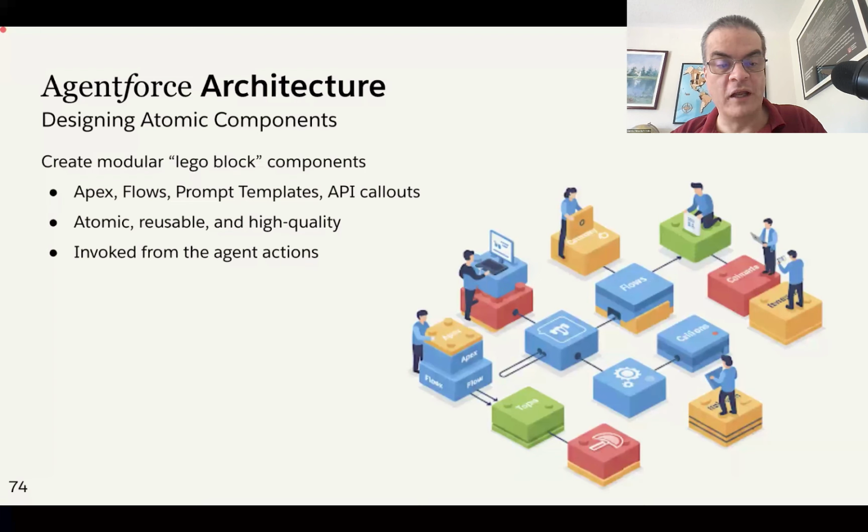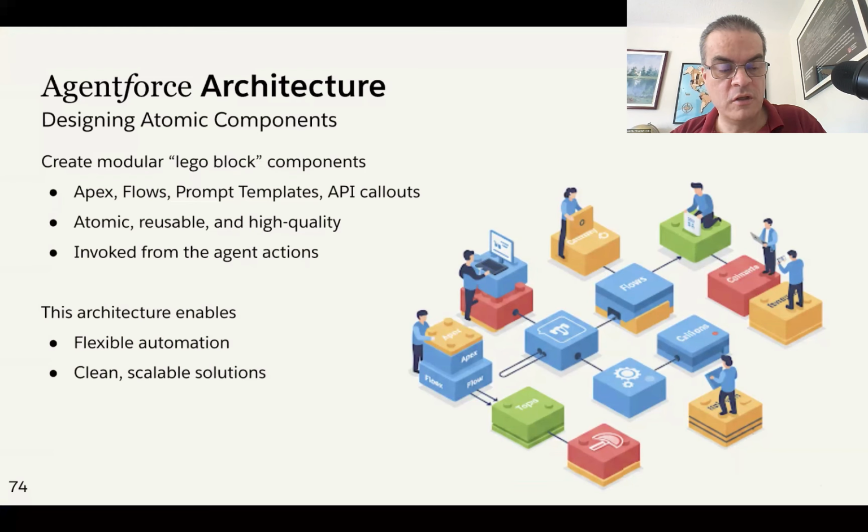They are invoked from the agent action. So your agent is going to take some actions, which are going to be deterministic, built in Apex, flows, prompt templates, and API callouts. With this architecture, you're going to be able to have flexible automation and clean, scalable solutions.